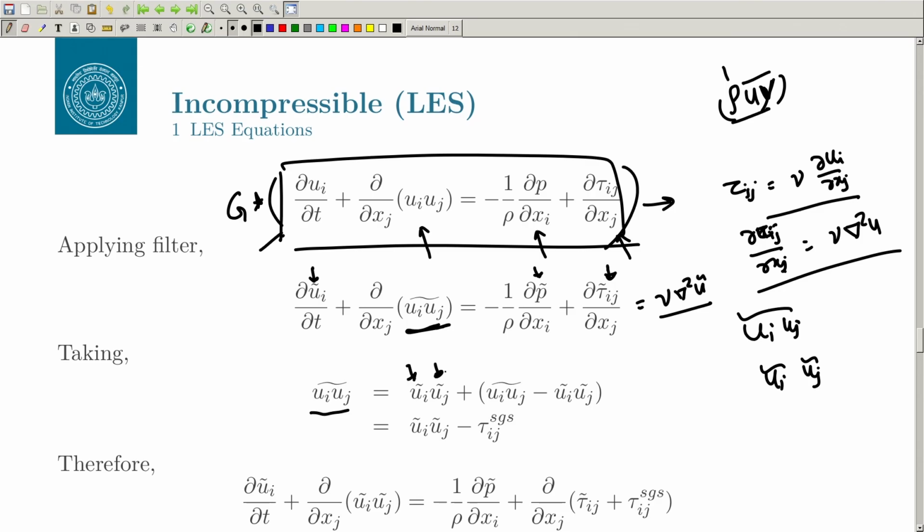It can be written as u i tilde u j tilde plus u i u j tilde minus u i tilde u j tilde. Now, following the Reynolds stress argument that we had in RANS, we can write this in terms of a stress. So, that is your subgrid stress.